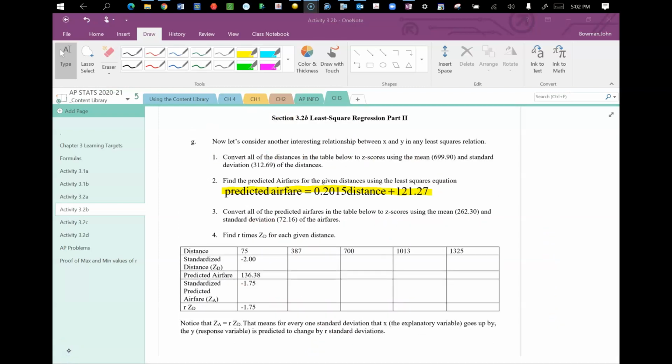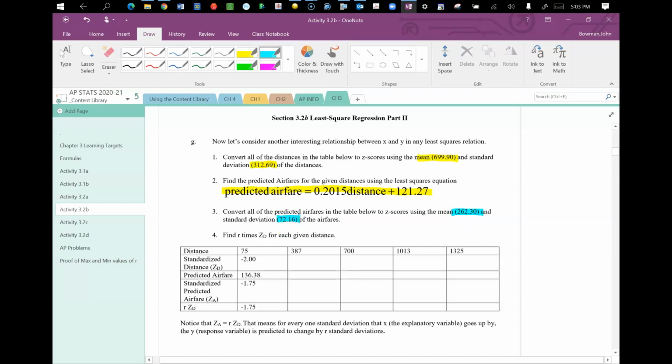In this next part of the activity, we want to take another look at the relationship between the explanatory variable, the response variable, and the slope. So we're going to do that in a little bit different way. Here you have the average distance, you have the standard deviation of the distance, you also have the average airfare and the standard deviation of the airfares.